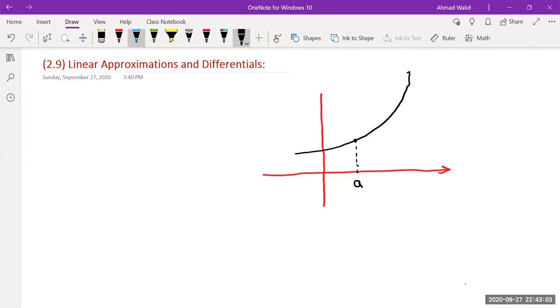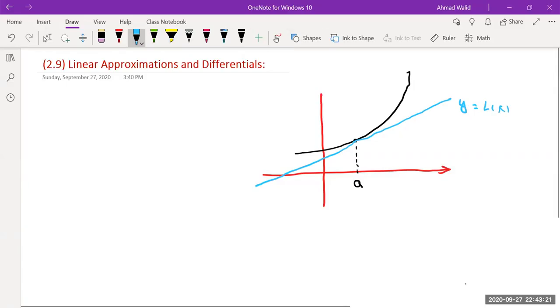And let me also draw the tangent line to this curve. For example, this is the tangent line at point A, right? Let's name this tangent y equals L of x because it's a tangent line, correct? And I have a function y equals f of x.